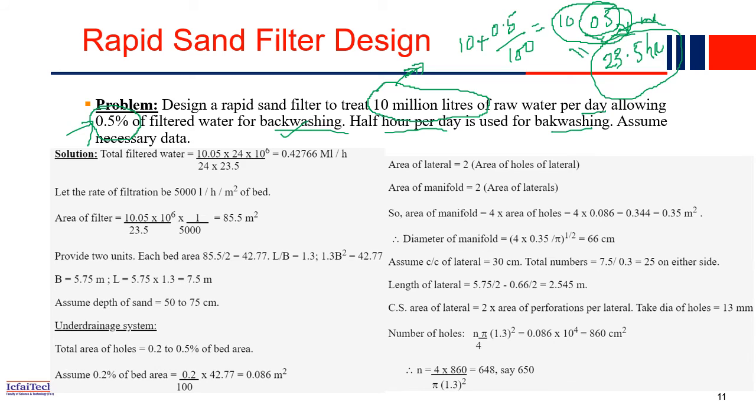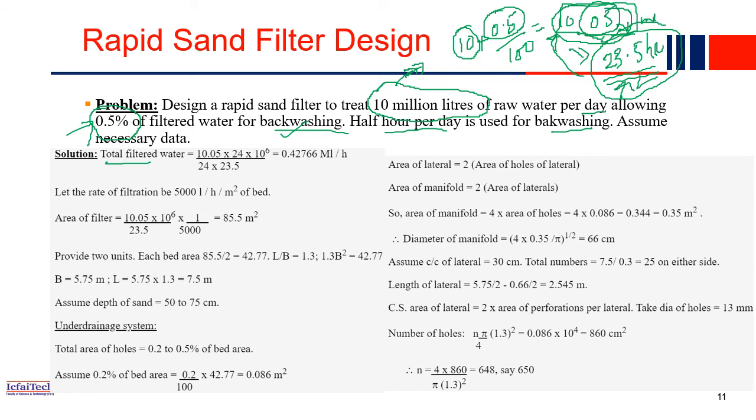So how much remaining? 23.5 hours. So total 10.05 million liter of water we have to treat every day in 23.5 hours, not 24 hours.